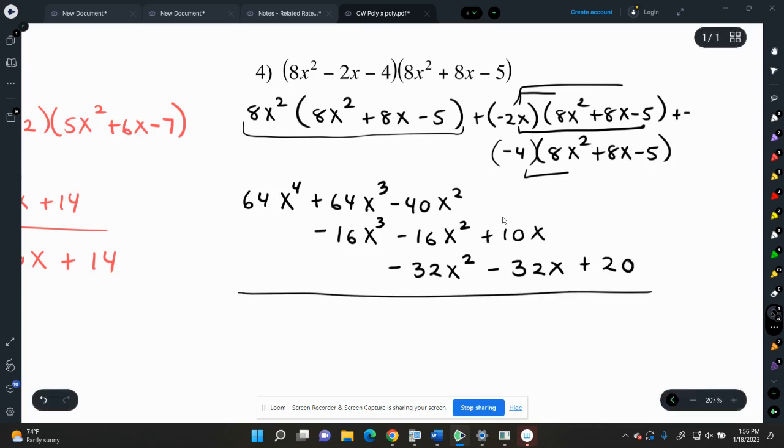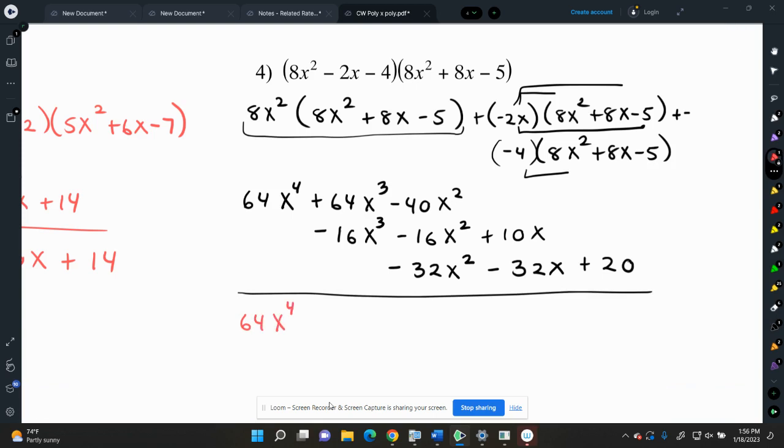Okay, so we'll line up all our like terms. So we have 64x to the 4th. When it's lined up like this, it makes it easier. Now I'm just adding my x to the thirds. So 64 minus 16 is 48x to the 3rd.